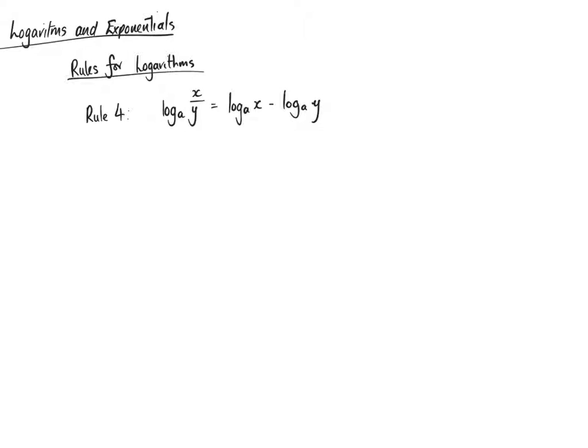Okay, and this one is linked to our a to the m over a to the n equals a to the m minus n. Okay, so some examples for this one.